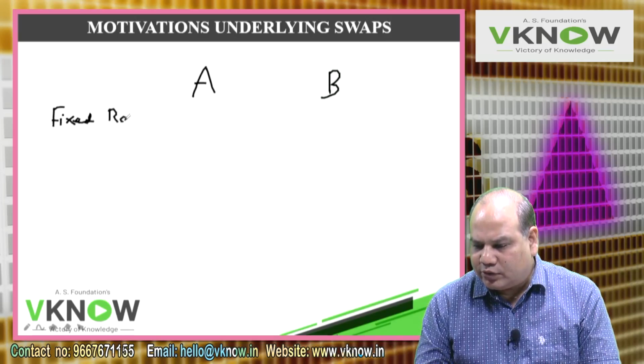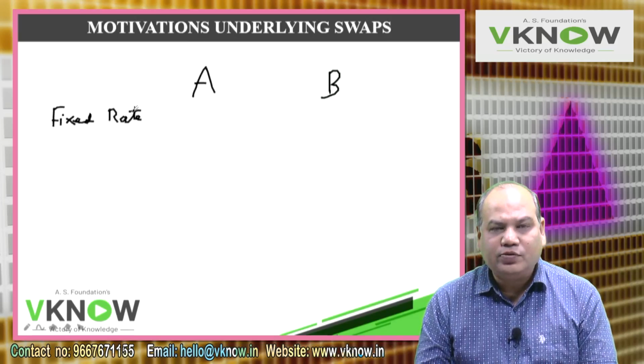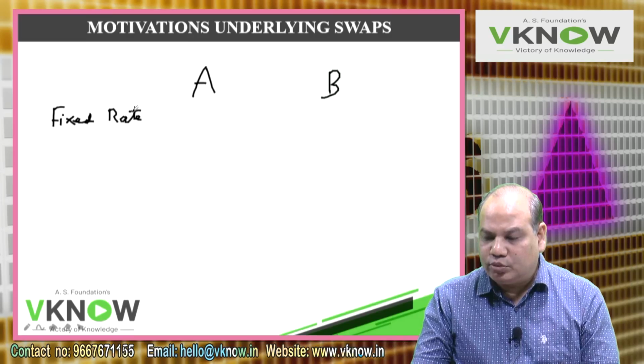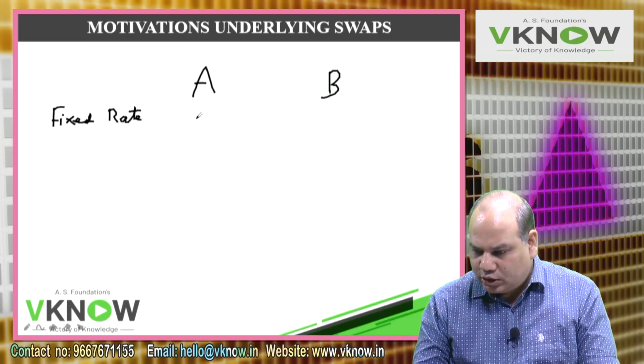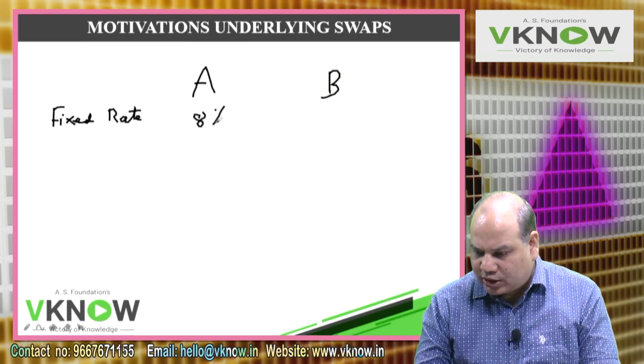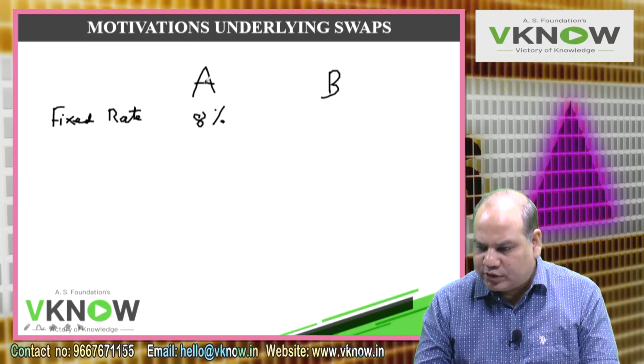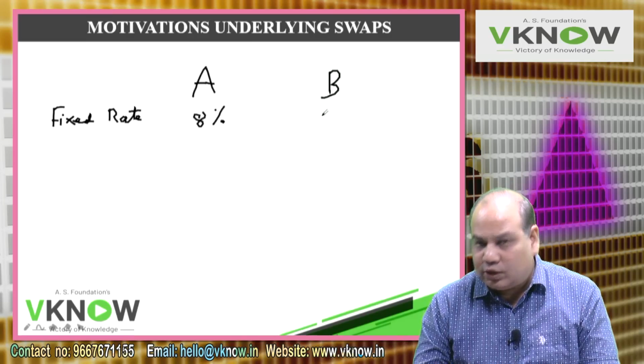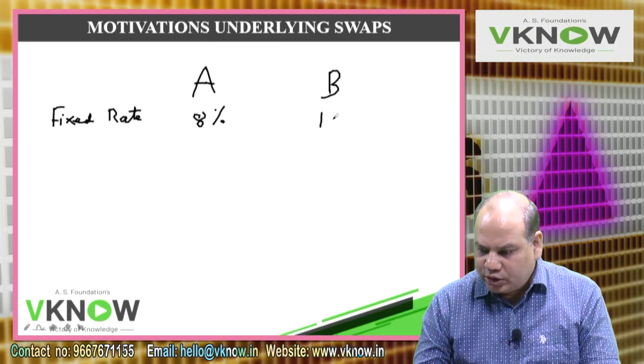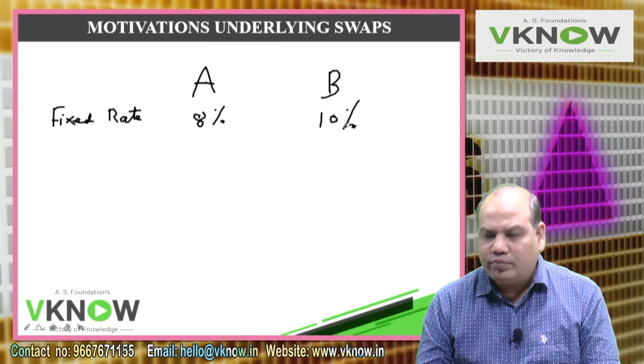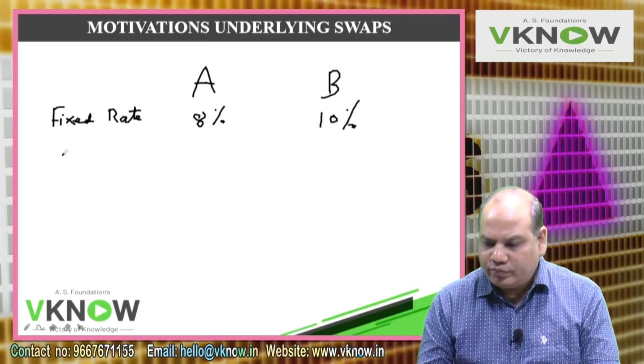Fixed rate of interest means the rate of interest will remain fixed for the entire term to maturity. If A goes to the market to borrow at fixed rate, A will have to pay 8. If B goes to the market, B will have to pay 10.